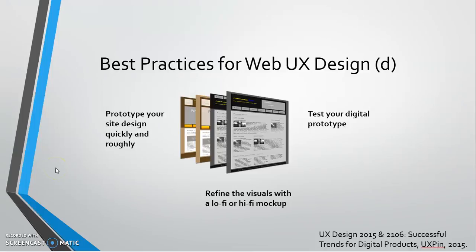After we have known the requirement and the description of the user, it is very important to prototype your site as fast as possible. We can start with a rough prototype and move towards high or low fidelity prototype.